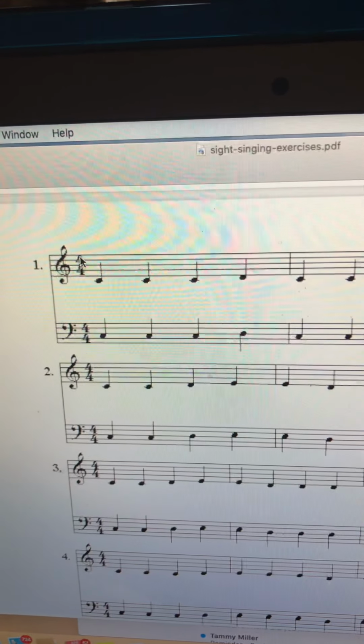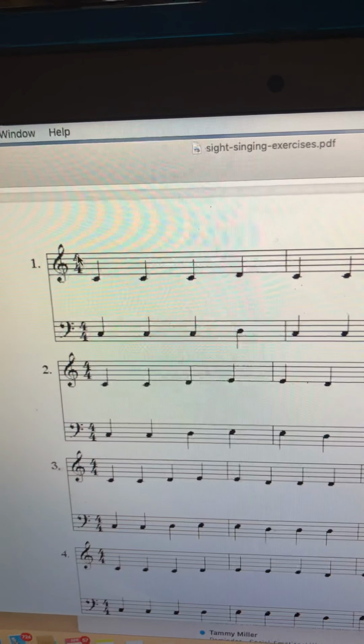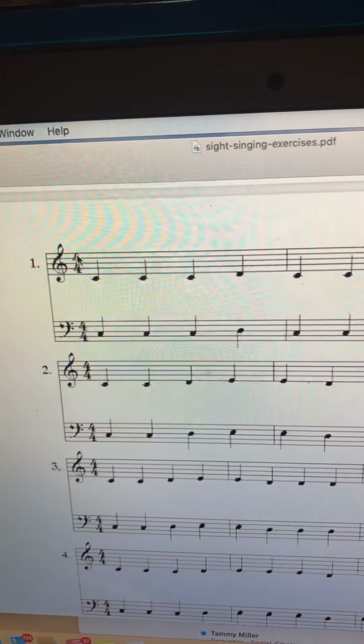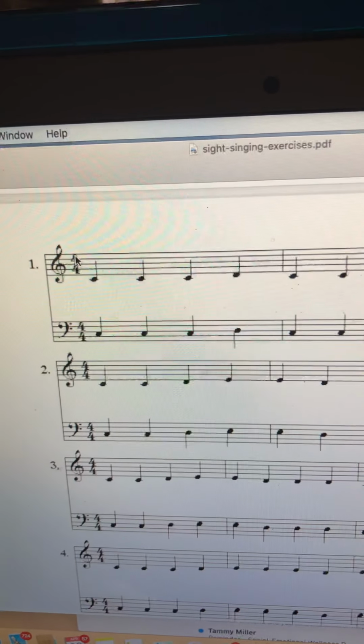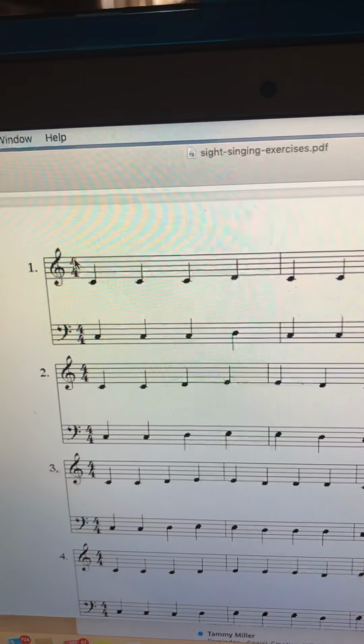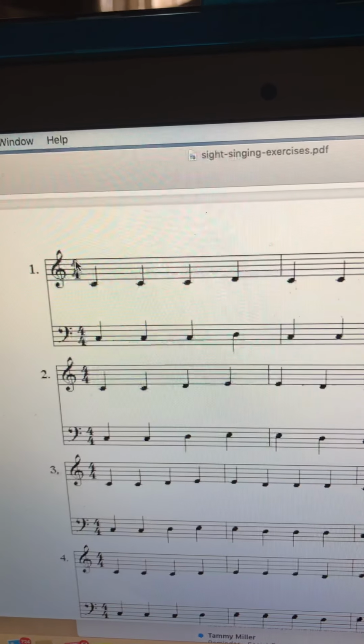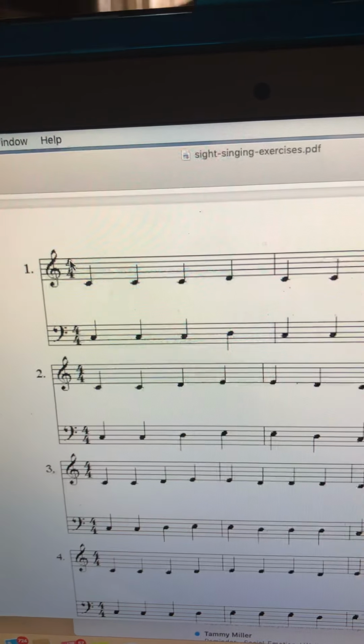It's referred to as 4/4 time, or common time, because this is the most common time in most songs. The top 4 tells you that there are 4 beats in each measure. The bottom 4 tells you that the quarter note receives 1 beat.